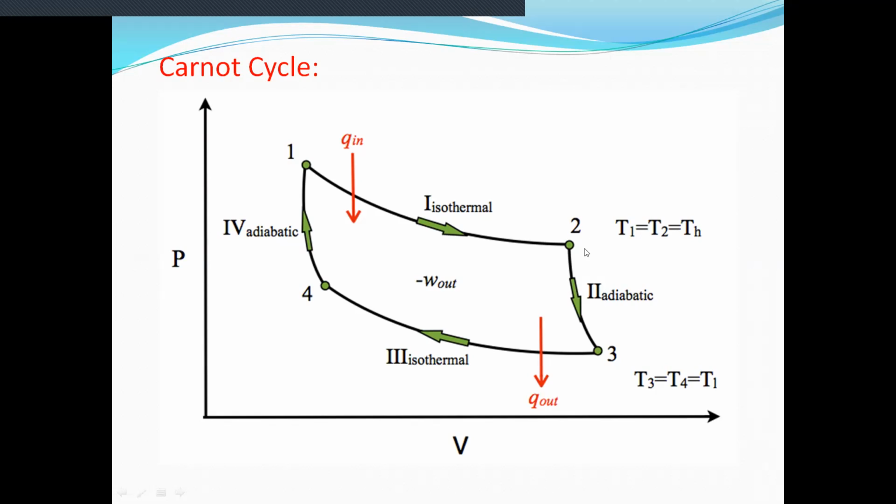Then isothermal compression, 3 to 4, or C to D. And lastly, adiabatic compression, 4 to 1, or curve DA.